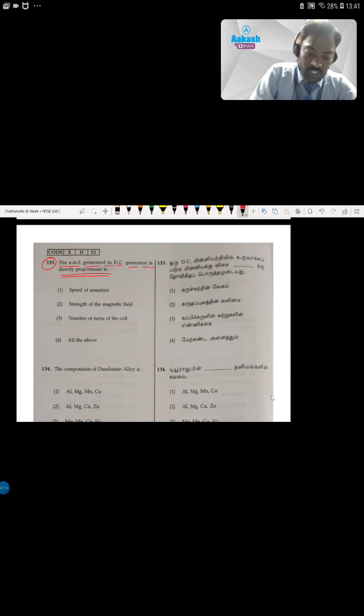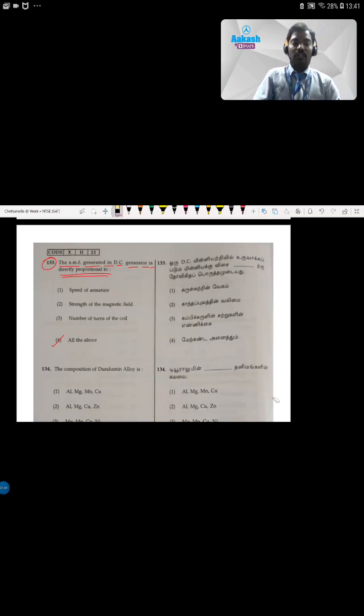If the speed of rotation of the armature coil is more, flux changes at a faster rate, and more EMF is induced. If the magnetic field strength increases, the EMF generated increases. If you increase the number of turns of the coil, the EMF generated in DC generator increases. So the correct answer for question number 133 is option 4.